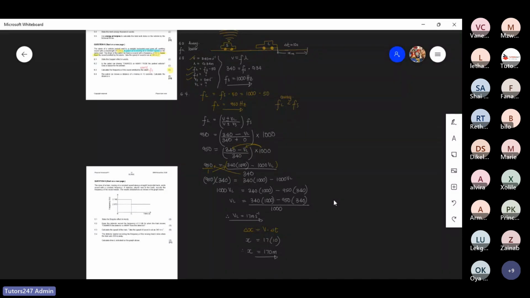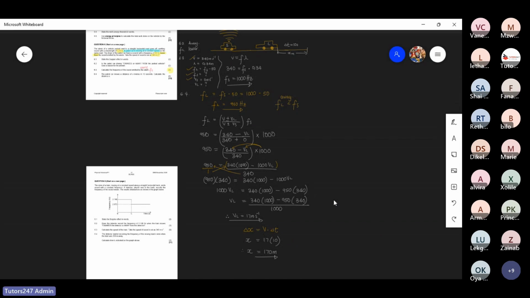But we then realized that in the previous question, we calculated the frequency of the source. Because we calculated the frequency of the source, that then allowed us to determine the value of the frequency of the listener. So we were then able to use our normal Doppler effect equation to calculate the velocity of the listener, which was the velocity of our patrol vehicle.